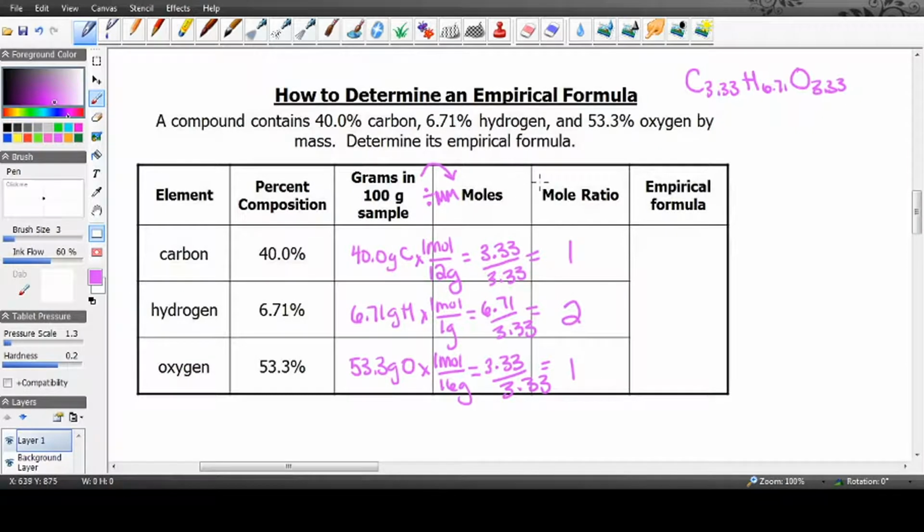Okay, so to go from moles to a mole ratio, you're going to divide by the smallest mole value. And this now tells me that I have a CH2O compound. That's my empirical formula.